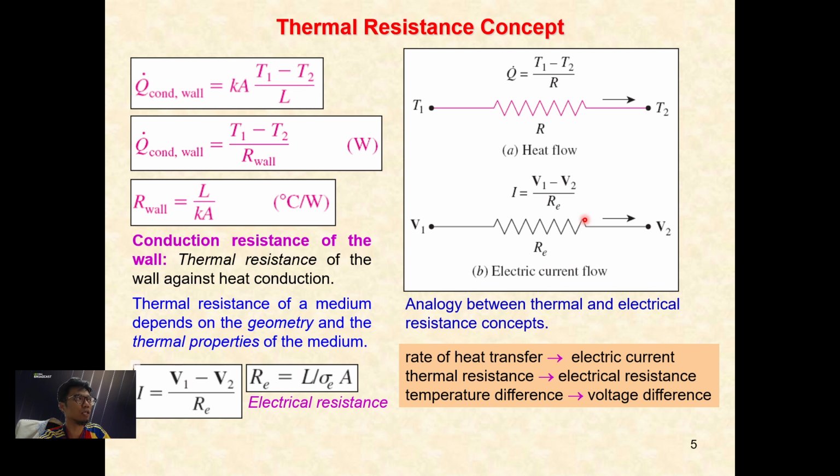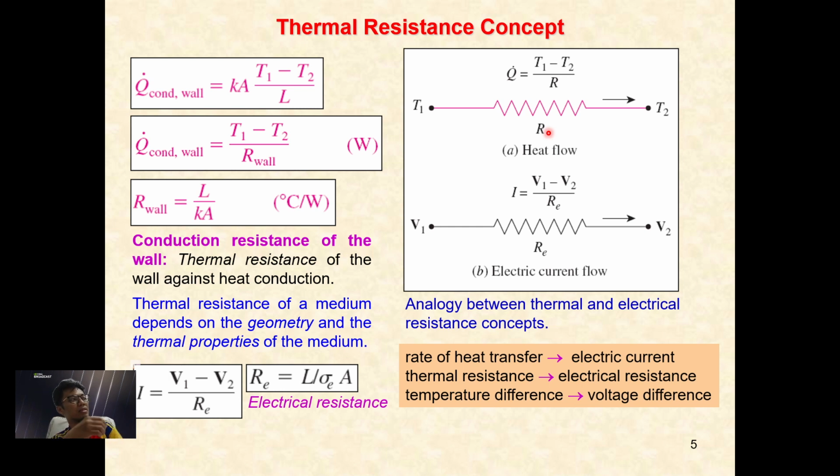We always simplify this equation using the thermal resistance concept. What is the thermal resistance concept? If you look at the figure here, T1 and T2 are the temperatures, Q is the heat, and R is the resistance.